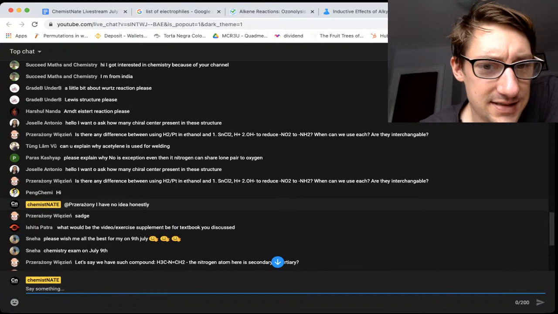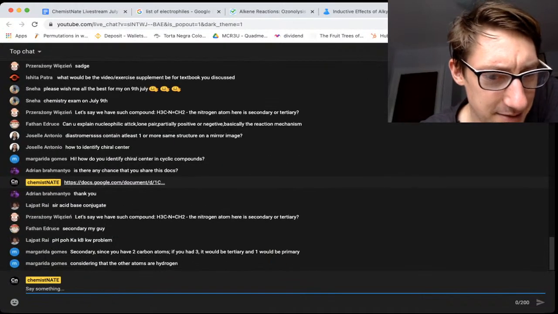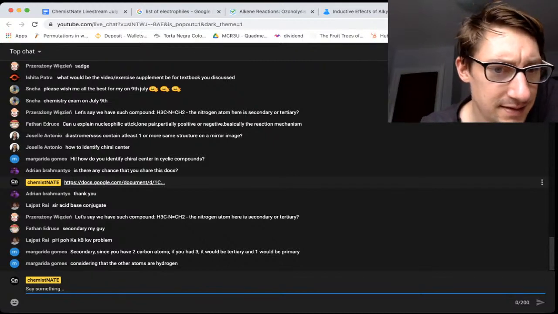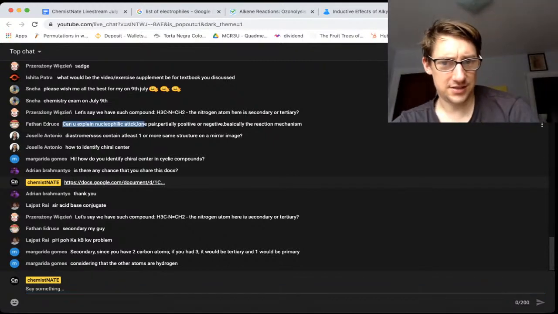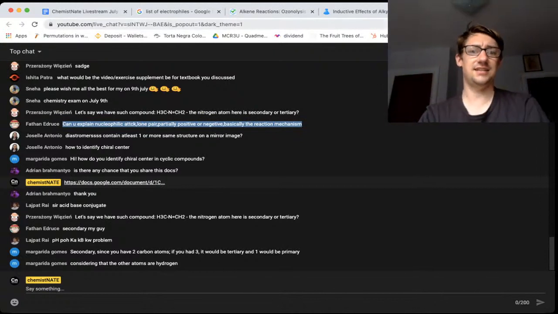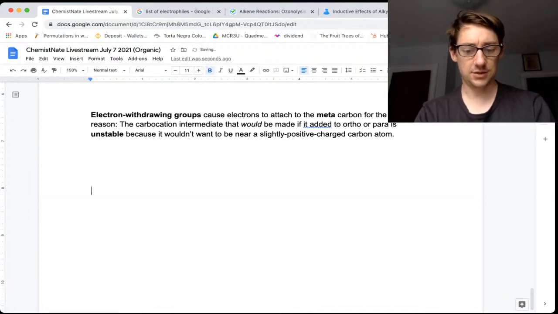How many chiral centers are present in these structures? Right. You've been very adamant that we need to cover how many chiral centers there are. That's a crazy amount. Chiral centers in cyclic and non-cyclic molecules. How to count chiral centers.